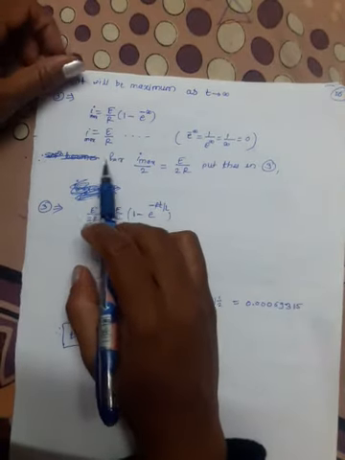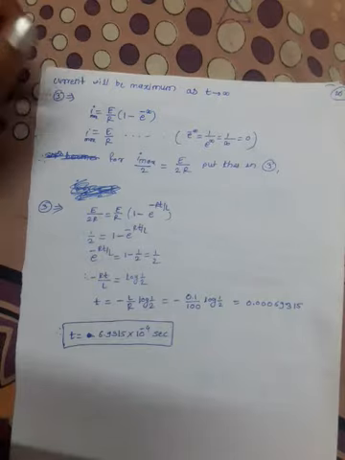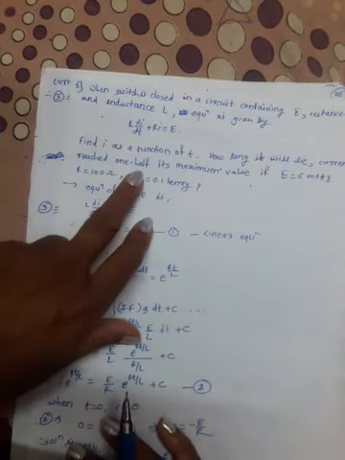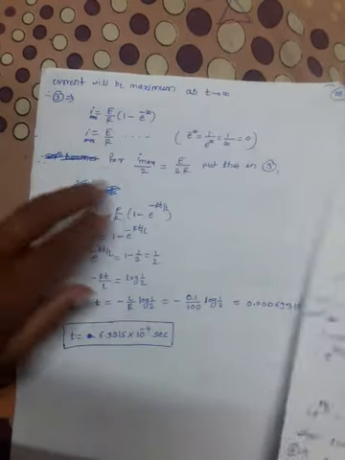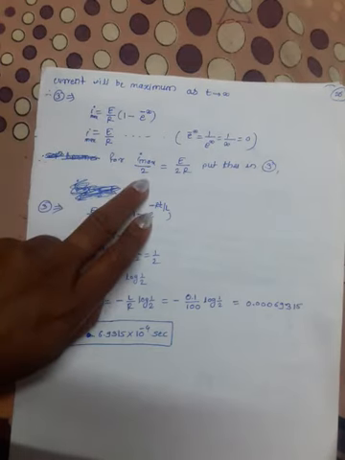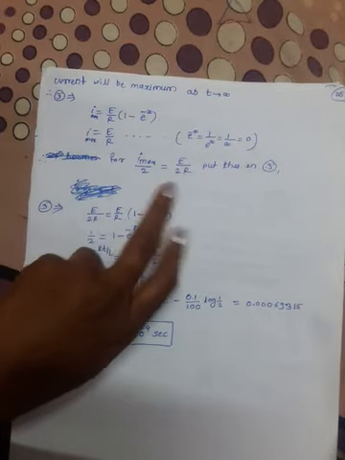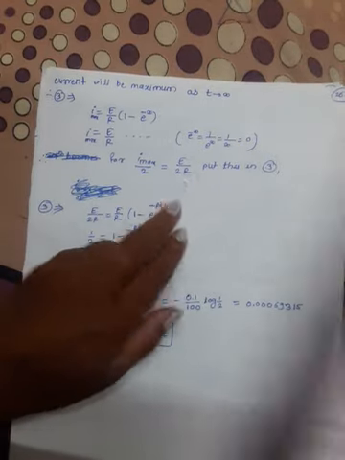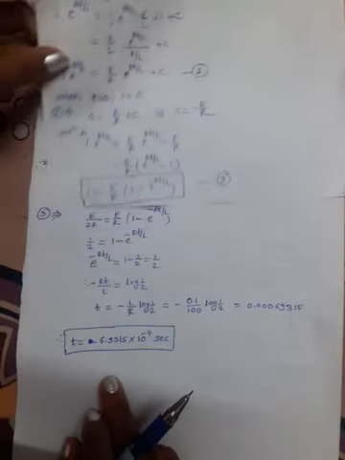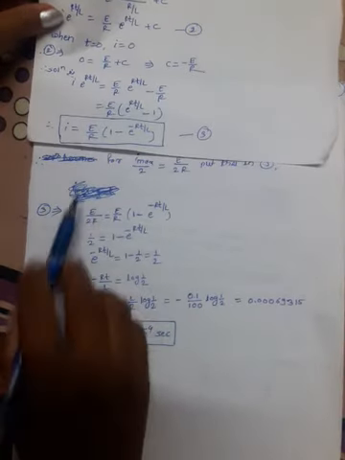Now we have to find out the time when the current reaches half of its maximum value. Therefore, I maximum by 2, half of the maximum current, is equal to E upon 2R, dividing both sides by 2. Put this value in equation number 3. What we get?